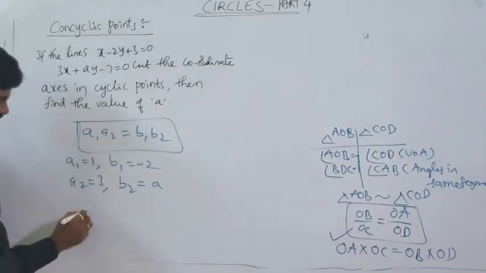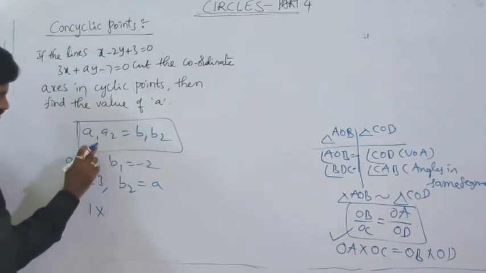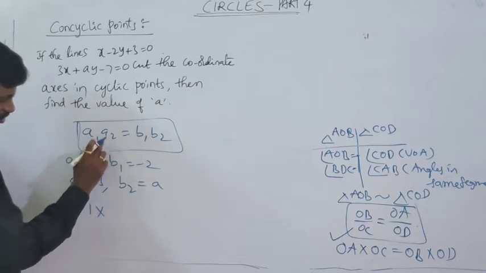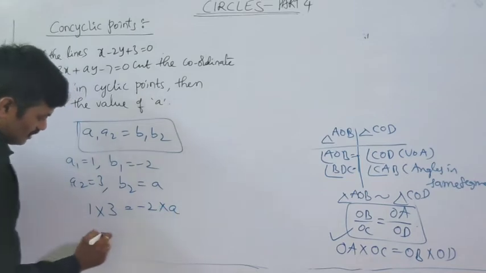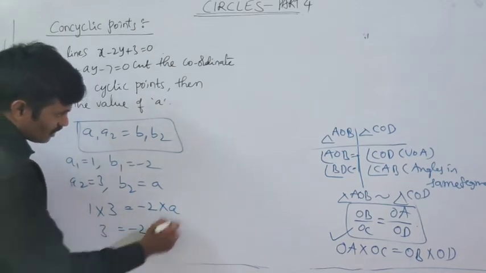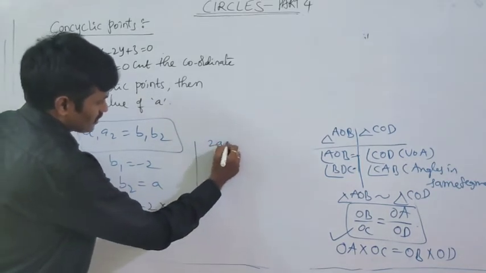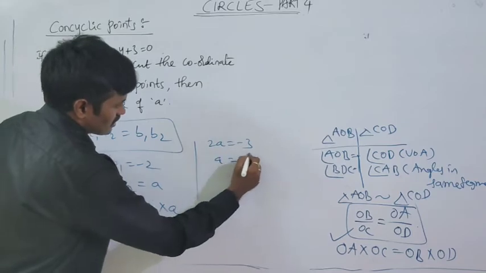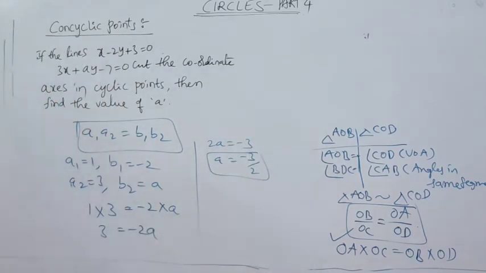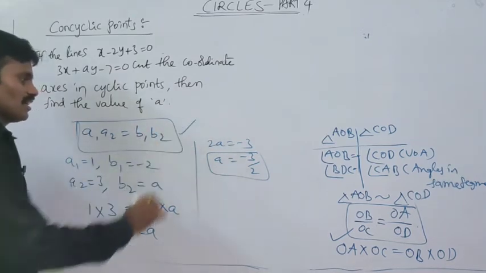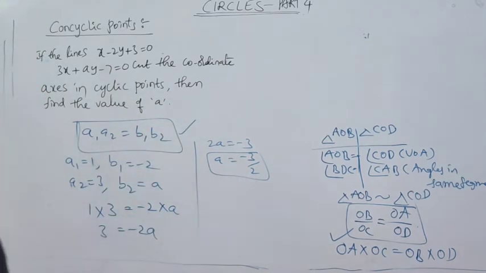So directly substitute. 1 into 3 is equal to minus 2 into a. So 3 is equal to minus 2a. That means 2a is equal to minus 3, a is equal to minus 3 by 2. Is it clear? So very simple. If you know this condition, then we can solve it easily.